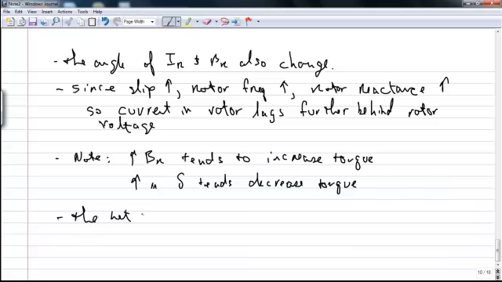So the net result, as we put the load onto the motor, is we increase the torque.